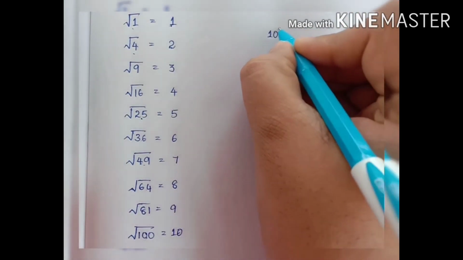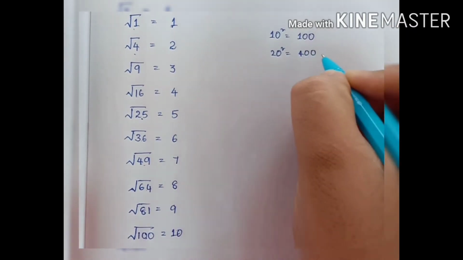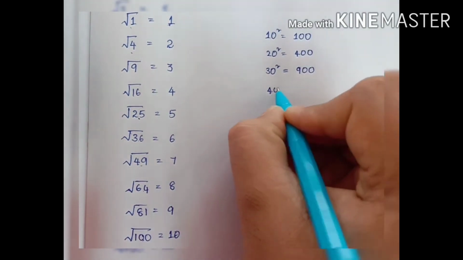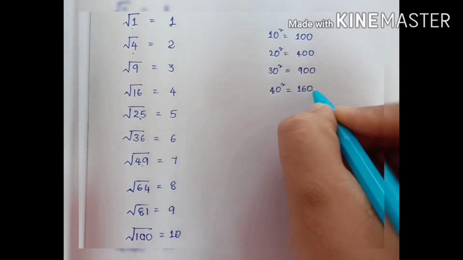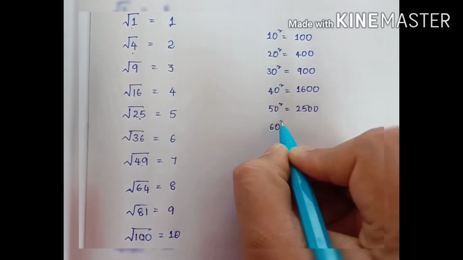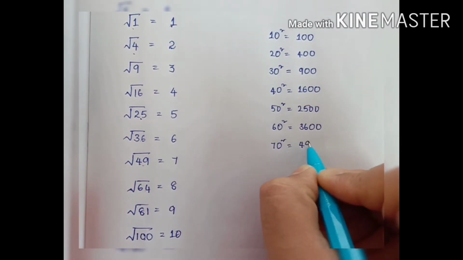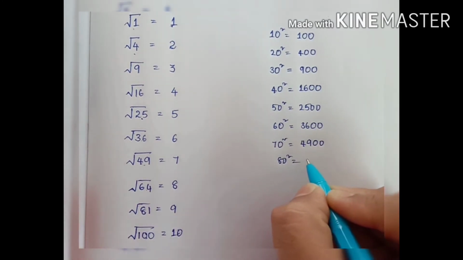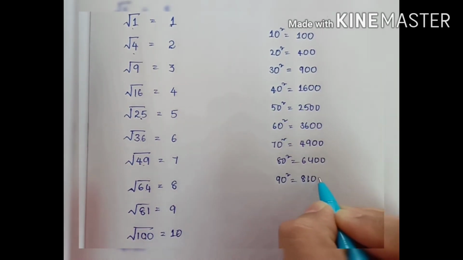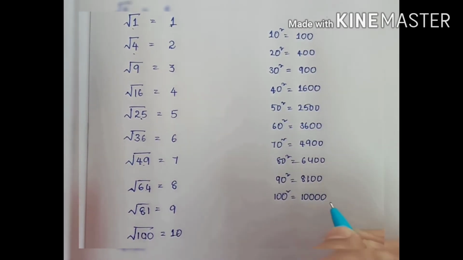You know that 10 square is 100, 20 square is 400, 30 square is 900, 40 square is 1600, 50 square is 2500, 60 square is 3600, 70 square is 4900, 80 square is 6400, 90 square is 8100, 100 square is 10,000.